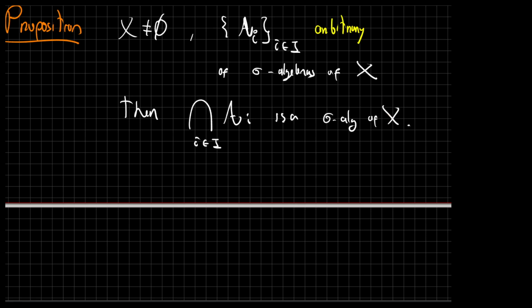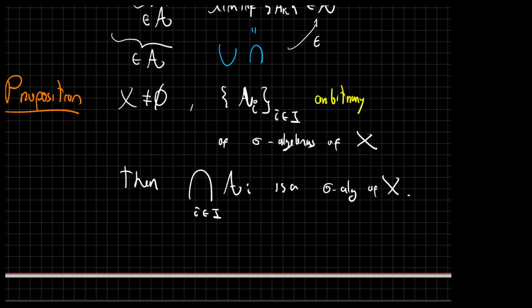So quickly, if this family includes every sigma algebra, then you know that the smallest sigma algebra is the empty set and X. This is the smallest, just by definition. So that intersection will be the sigma algebra.